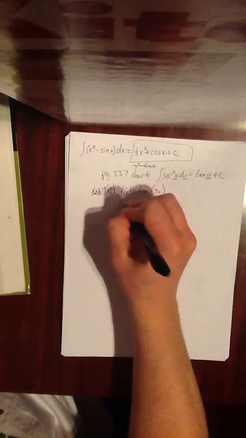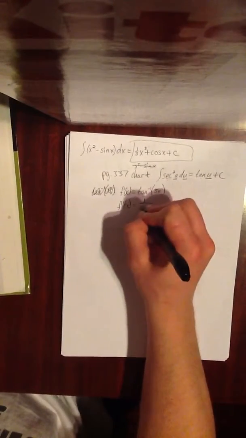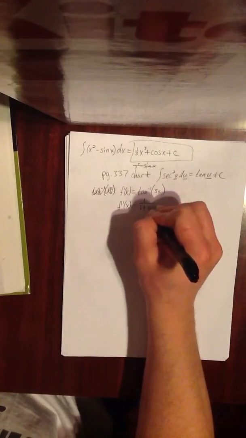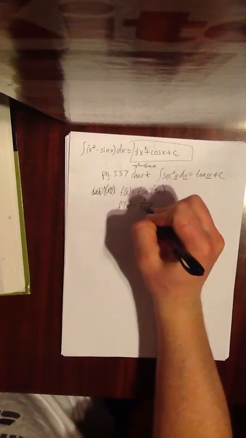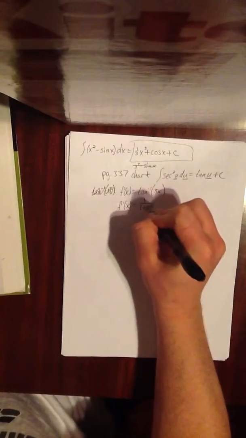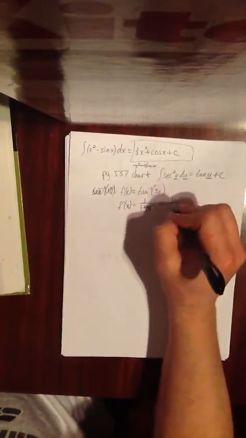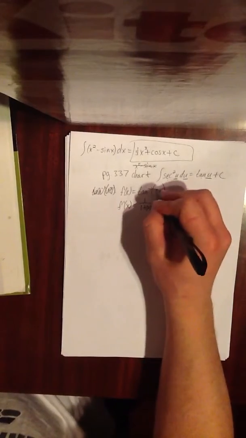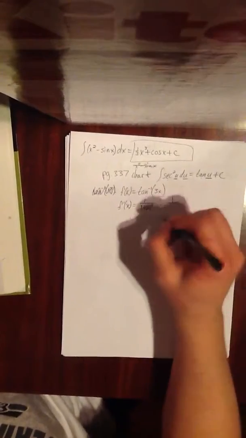If I wanted to do the derivative of that, a lot of you want to write 1 over 1 plus x squared. Well, that's wrong. It's 1 over 1 plus whatever's inside of here squared. So it should be 3x all squared, and then times the derivative of the inside. So we always forget that part. You screw that up.